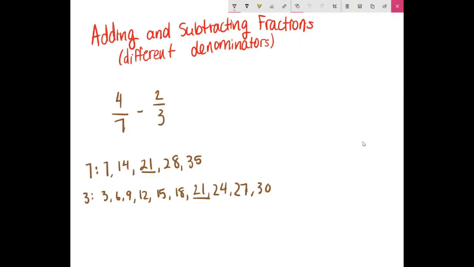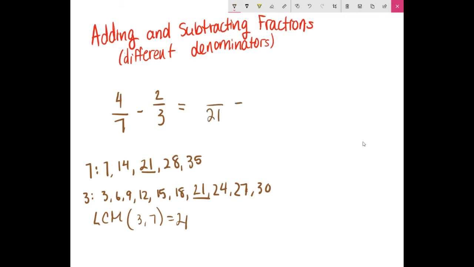So now that we know that 21 is the least common multiple of 3 and 7, we can now figure out what we can do to make our denominators 21.